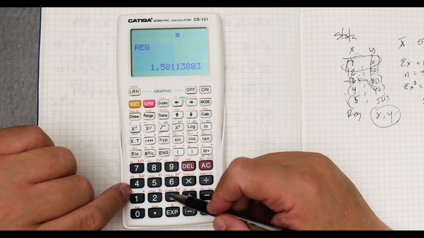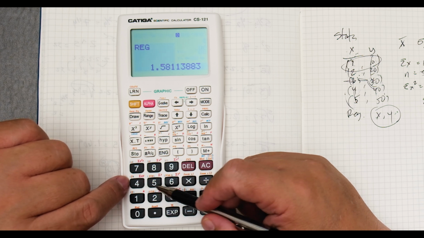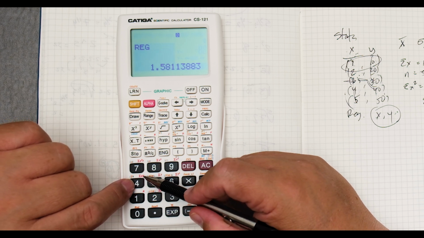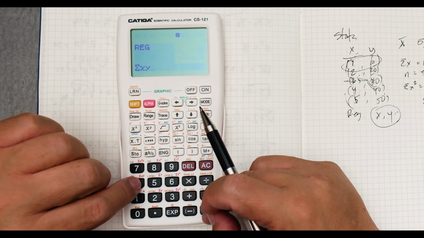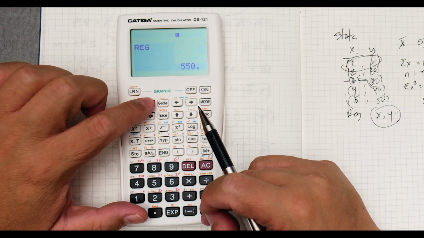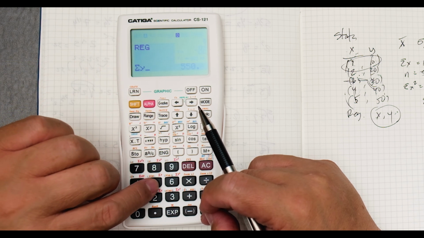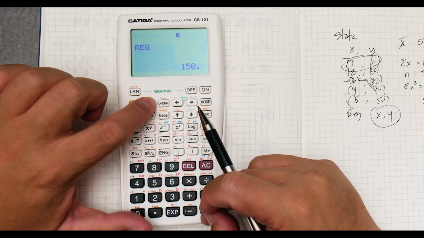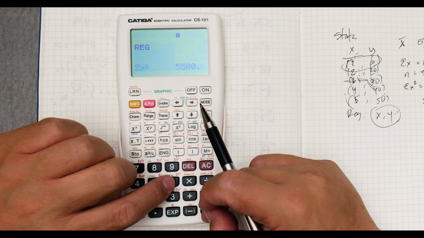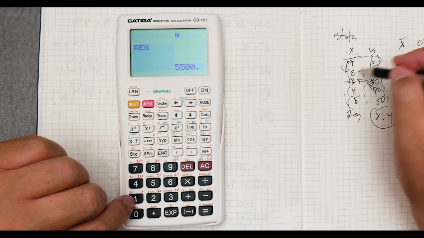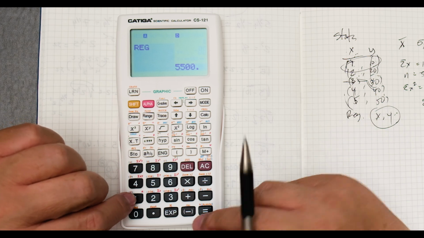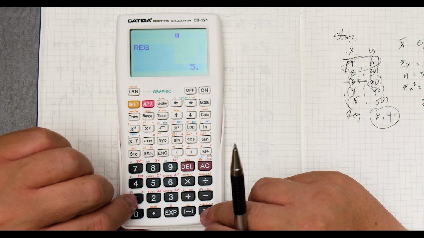Then you can see that it gives you the sums. Here it gives you the sum of x times y, so alpha 4, sum of xy. Then press alpha 5 for the sum of y, and then the sum of y squared, let's press 6. Then how many data points you have? 5 of them, so alpha 1 for n gives you 5.